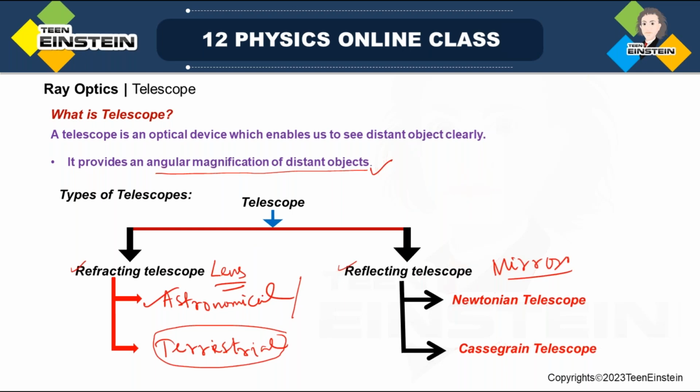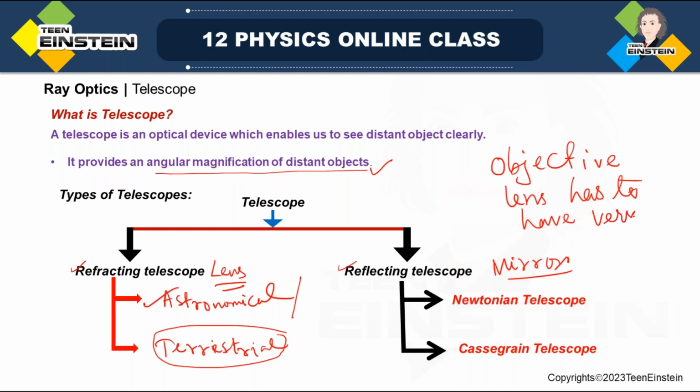When we discussed the astronomical telescope, we saw that the objective lens has to have a very large aperture for better magnification.